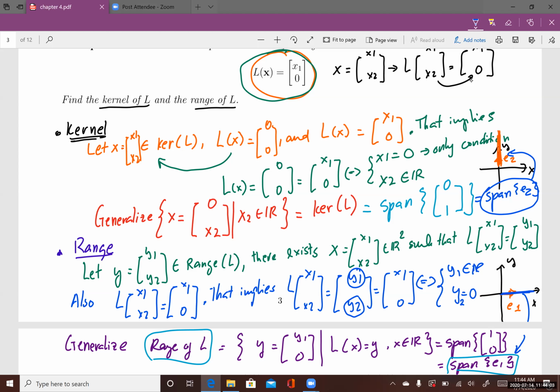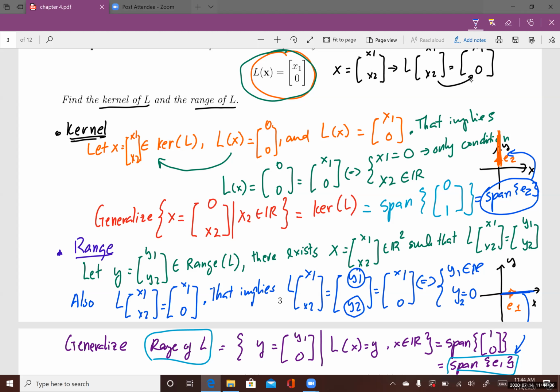So this is the idea of how we can find the kernel of a linear transformation and the range of a linear transformation. To find the kernel, you set a vector x in the kernel. By the definition of the kernel, Lx has to be equal to 0, and by the definition of the linear transformation, Lx equals x1, 0. From these two pieces, you can force them equal to each other and find the condition for a vector to be in the kernel. The condition is x1 has to be equal to 0, and x2 can be anything.